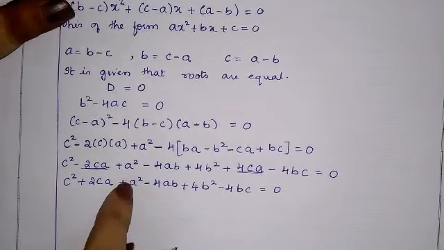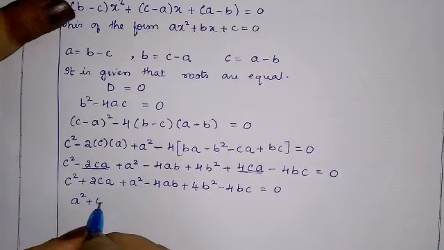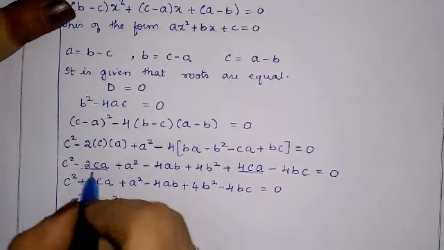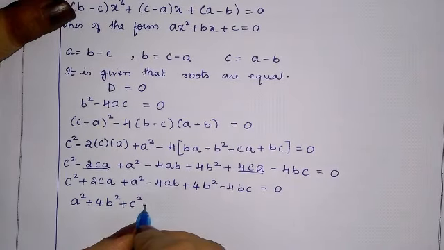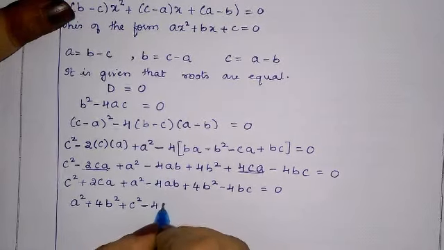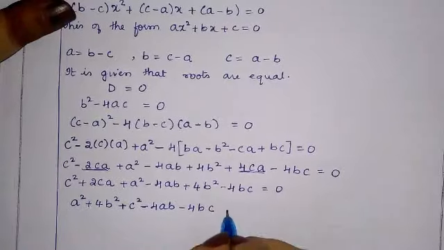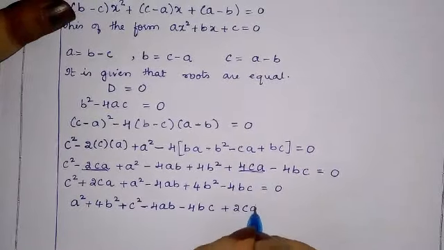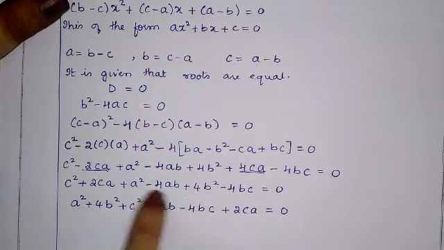So what I'll write: a square, b term is 4b square, c square is c square, minus plus minus 4ab minus 4bc plus 2ca is equal to 0. All the things I have written as it is.